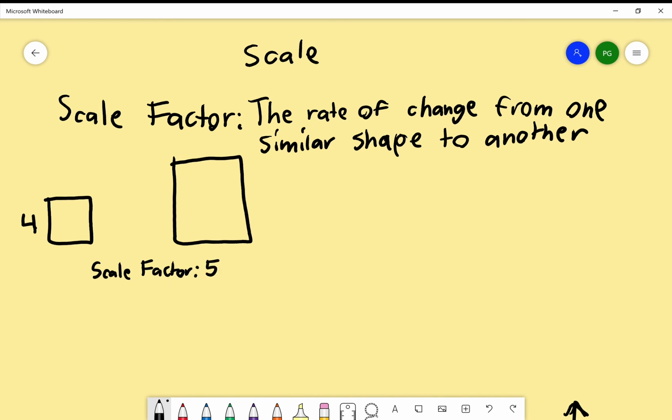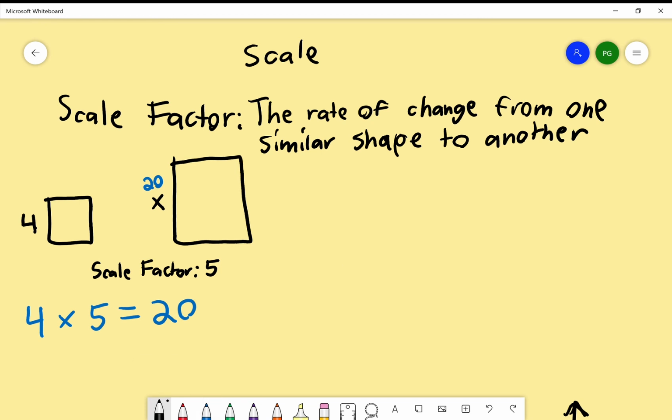If the left-hand side of my box for the small box is 4, what's the left-hand side of my box for the big box? If I have a scale factor of 5, all I have to do is take that 4, multiply it times my scale factor of 5, and it's going to give me 20. My x is going to be 20. Basically, the scale factor is what you increase by.